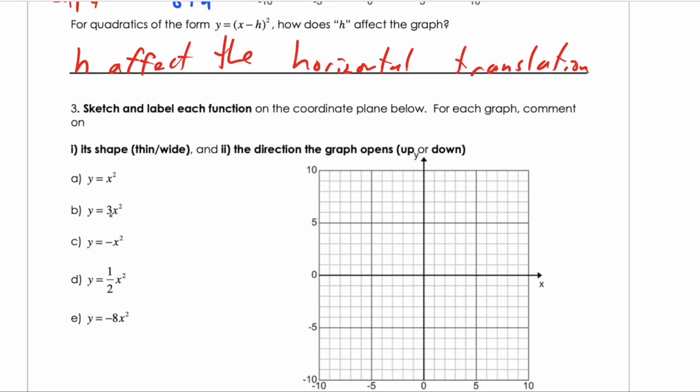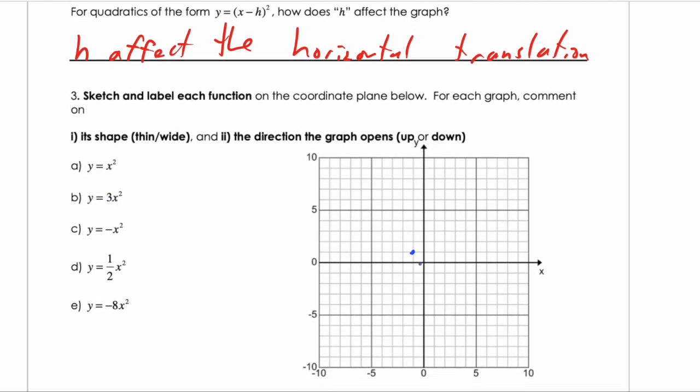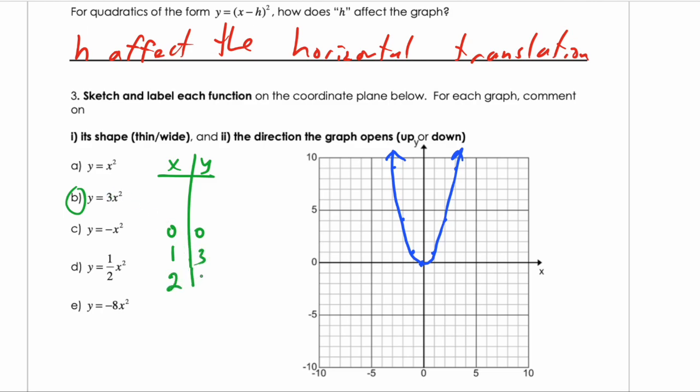Now we have a number in front of the function. So let's do y equals x squared again. There it is. Okay, now let's do y equals 3x squared. Well, if you look at the table of values, 0 squared, well, you can give it 0. 1 squared gives you 1, times 3 is 3. 2 squared gives you 4, times 3 is 12.